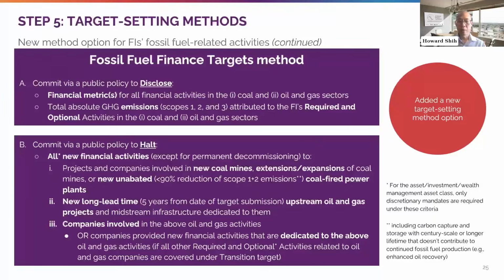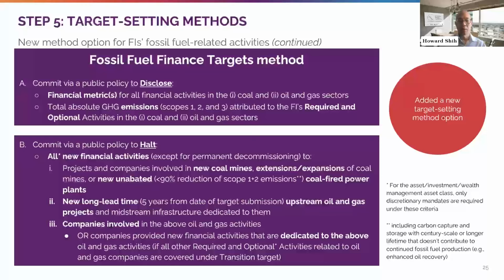And then the third group of activities that FIs must commit to stop providing new financial activities to would be companies involved in the group number 2 oil and gas projects. But on this, there is an option for FIs that want to continue engaging fossil fuel companies.